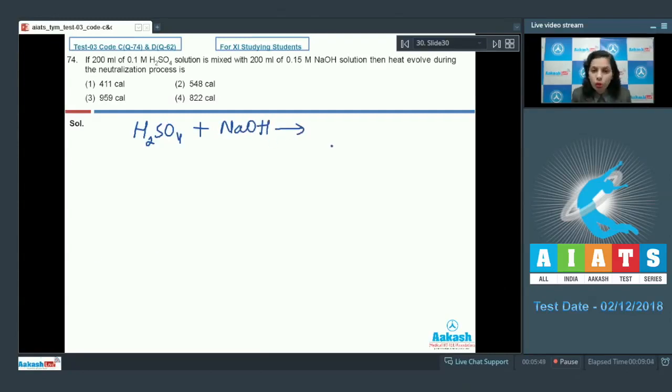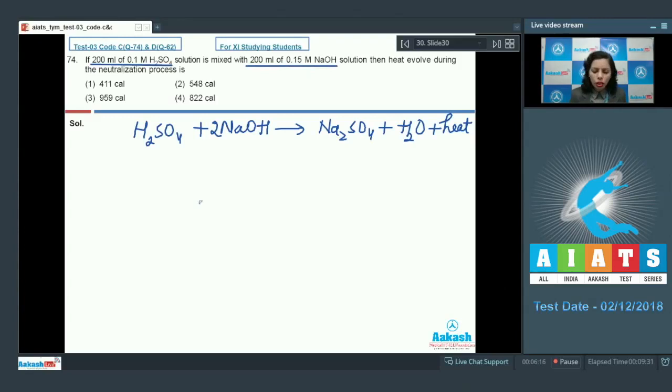This is the neutralization process, and during this process there is the formation of Na2SO4 and H2O. Along with that, heat is released, and in this case you just want to find out the heat of neutralization. Here we have the different quantities given: 200 ml of 0.1 molar H2SO4 and 200 ml of 0.15 molar NaOH.